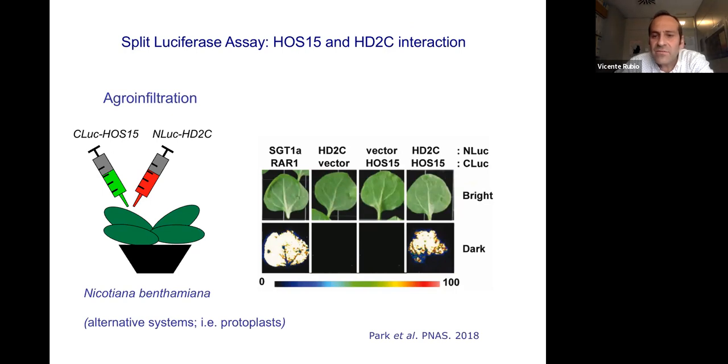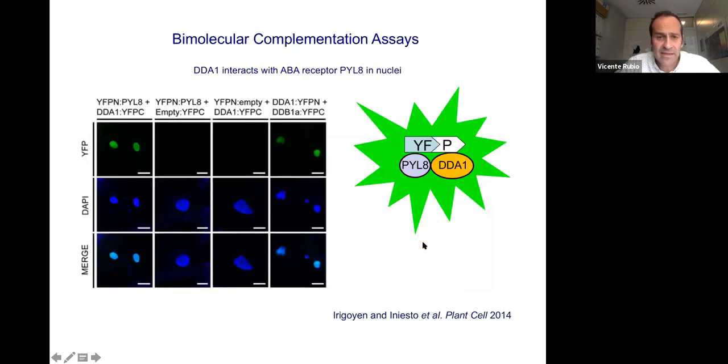And they found interaction with this histone deacetylase, HD2C, in planta by reconstitution of the luciferase activity. In this case it is by agroinfiltration, but as I said, other alternatives are expression in protoplasts. And you can actually quantify the strength of that interaction depending on the luminescence that is produced.